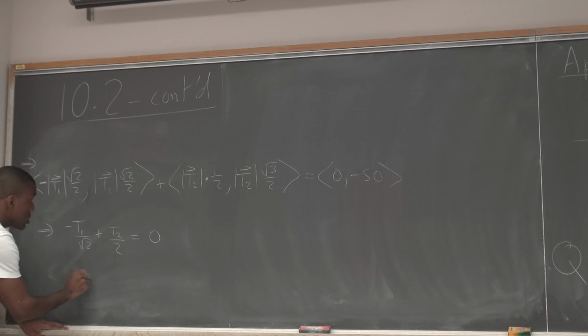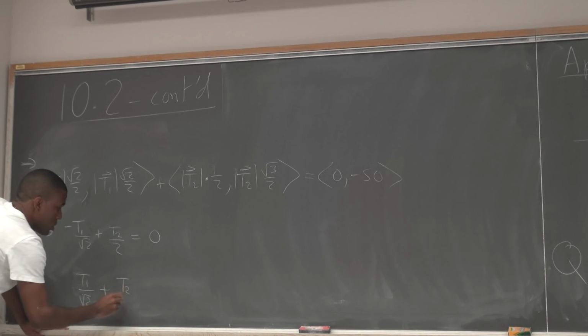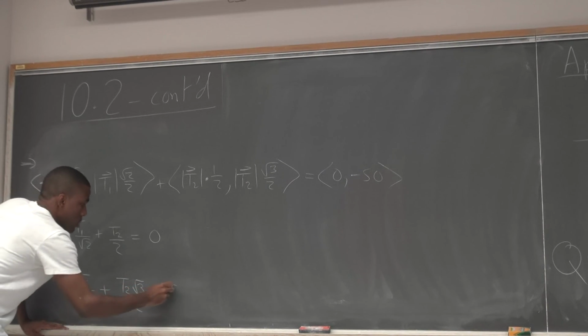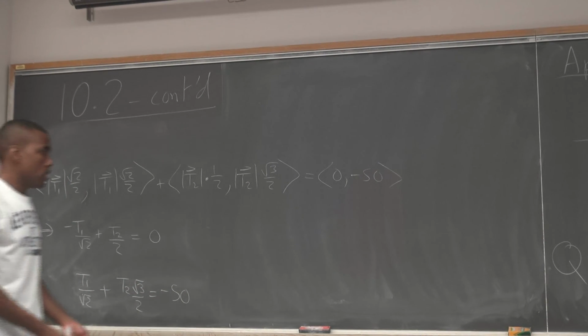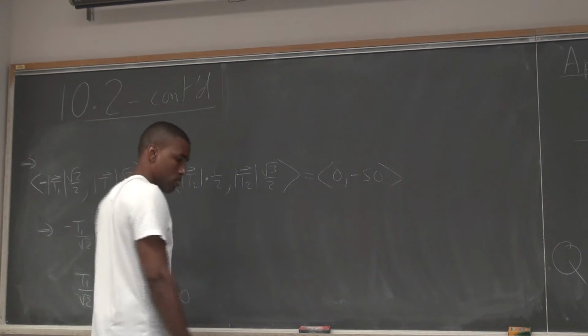And if I take T1 over radical 2 plus T2 times radical 3 over 2, that should give me minus 50. So now I have a system of equations, 2 equations, 2 unknowns. We solve simultaneously.